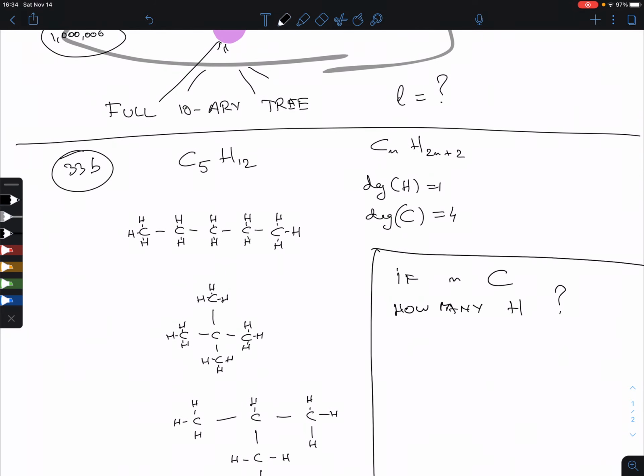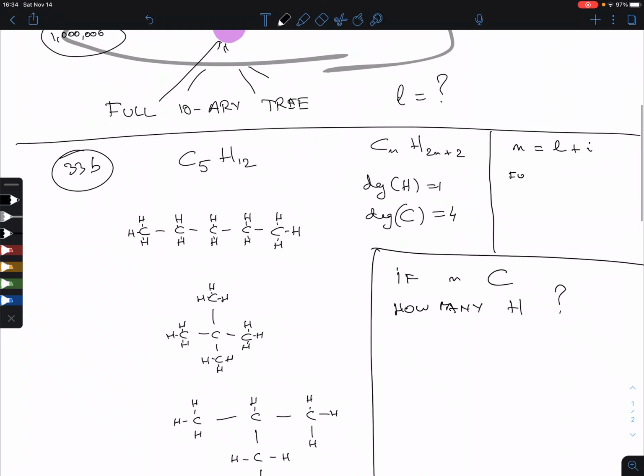We have that the number of leaves plus the number of internal vertices, it's either a leaf or an internal vertex, equals n. And then we also had, for a full m-ary tree, that n is equal to m times i plus 1. These are the two formulas that we use to calculate the number of vertices, leaves and internal.